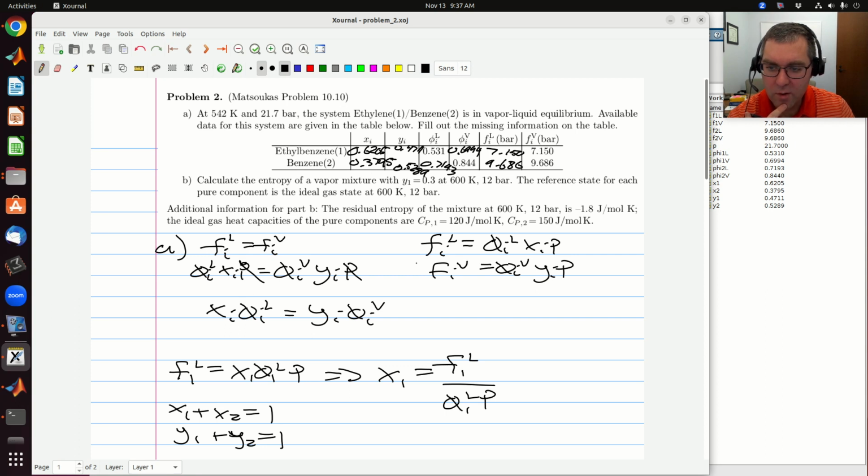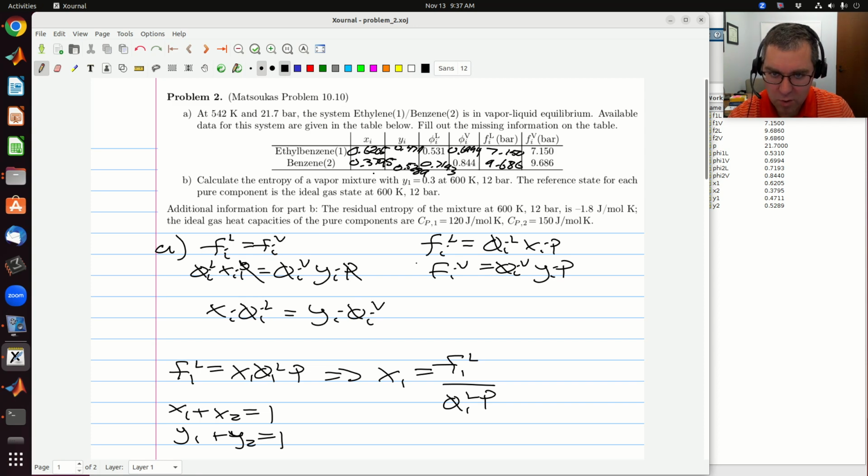If I look at this equation, since x1 is greater than y1, then phi1l should be less than phi1v, and that's exactly what I have. Phi1l is less than phi1v, okay, got it.